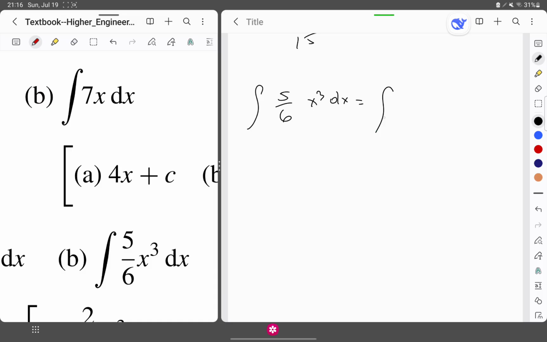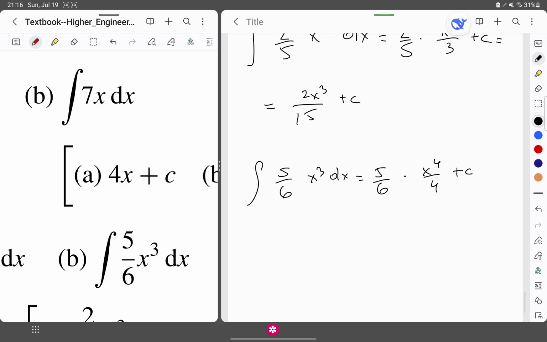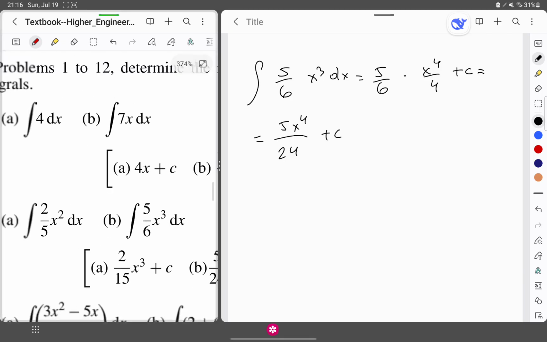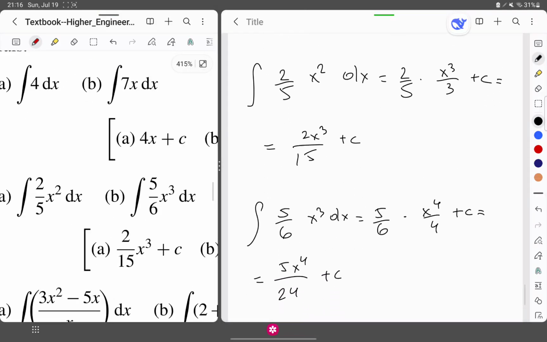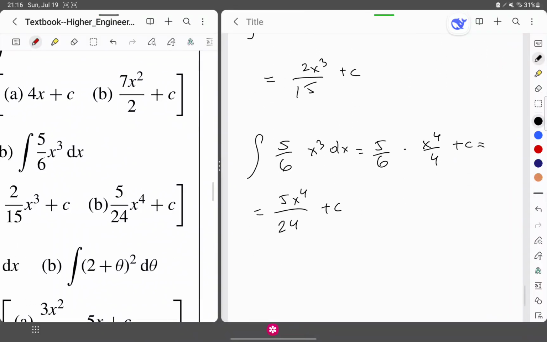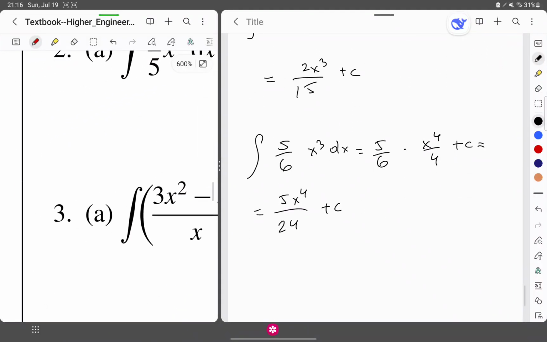It will be 5 over 6 times x to the power of 4 over 4 plus c, and it will be 5 over 24 x to the power of 4 plus c. Let's check. Exactly, good job.